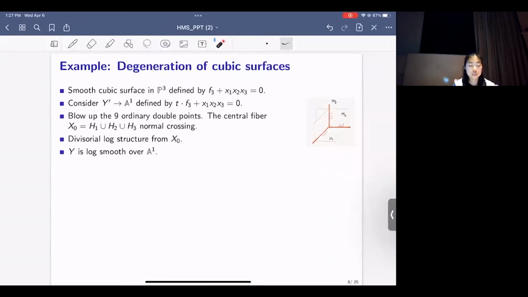We want it to be a normal crossing degeneration, so we need to blow up 9 ordinary double points, and the central fiber now becomes H1, H2, H3 with some blow up, and it becomes normal crossing. We give the family a divisorial log structure coming from the central fiber, and we get a log smooth family over A1.